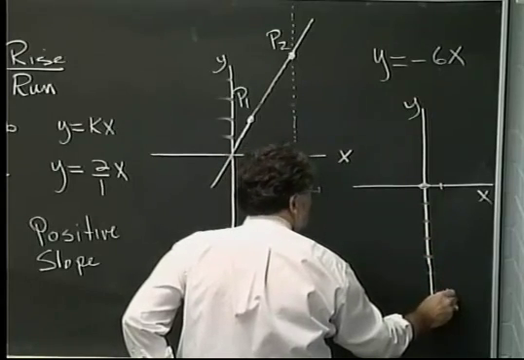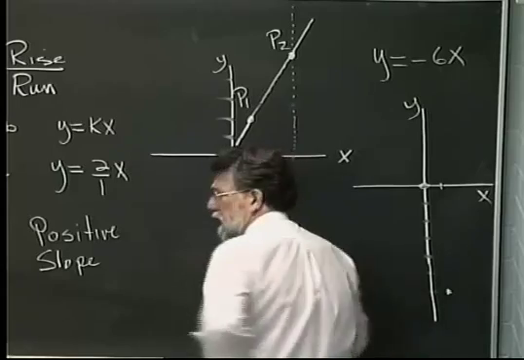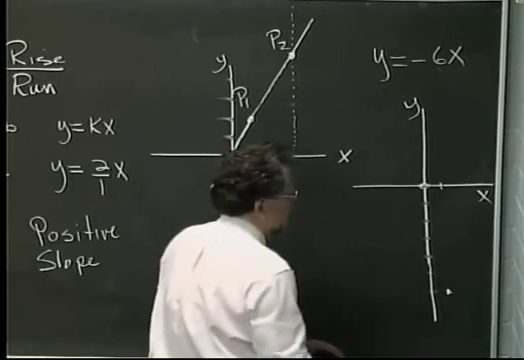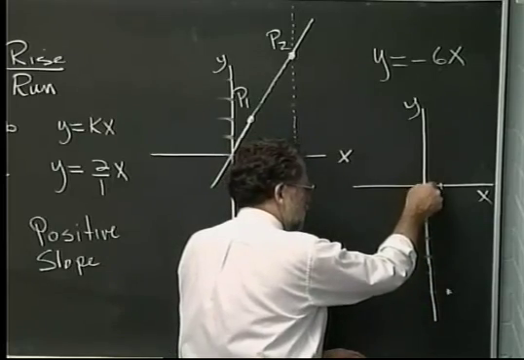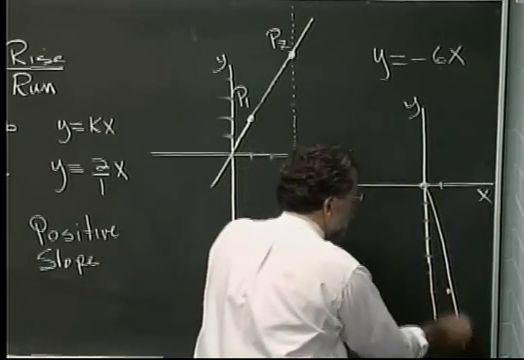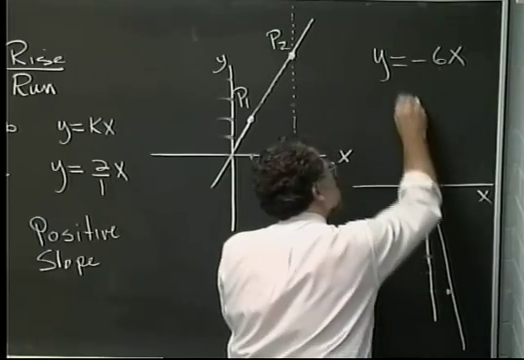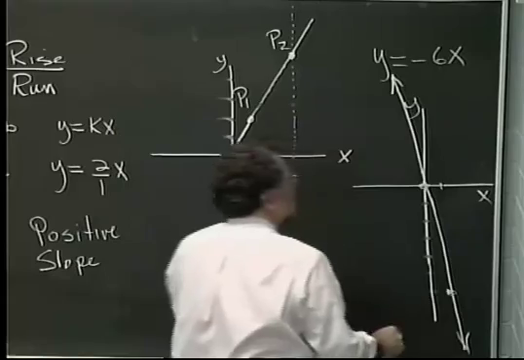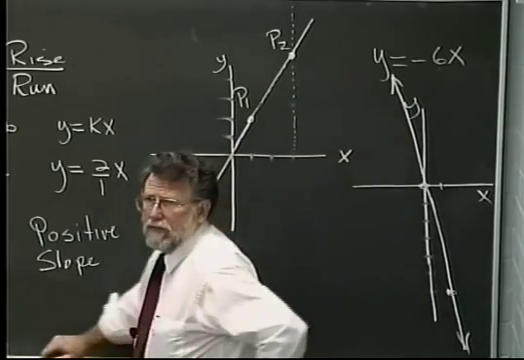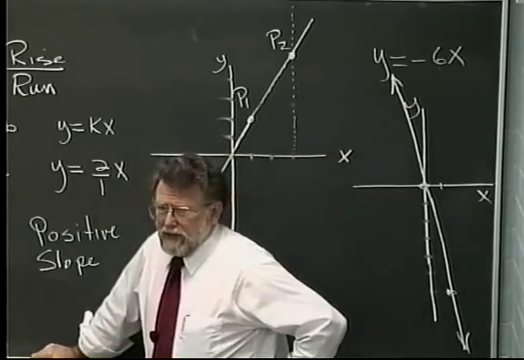Here's my second point. Now, as I join those, and boy, it's very obvious that I did not make that parallel to the board, the edge of the board, and I'm trying to get something that looks reasonably good. But the argument is this is going downhill. Okay. It's supposed to be a straight line there.